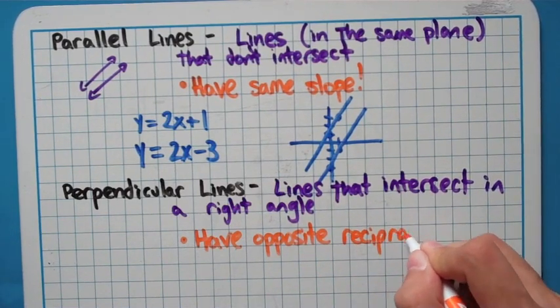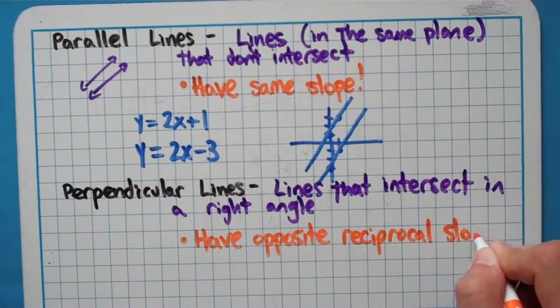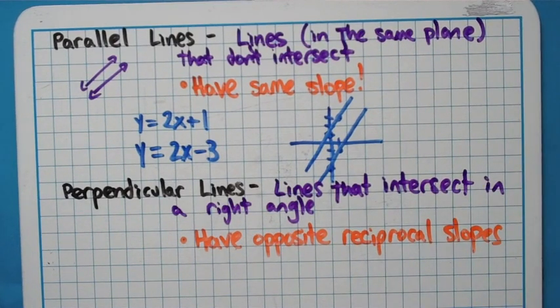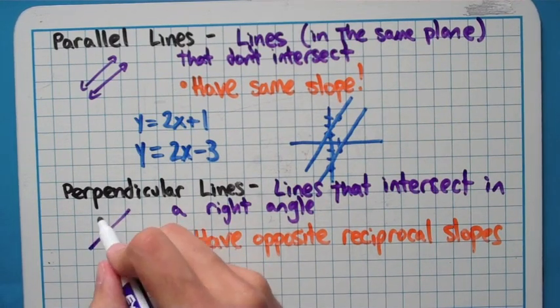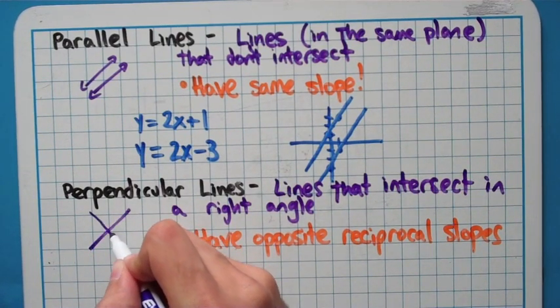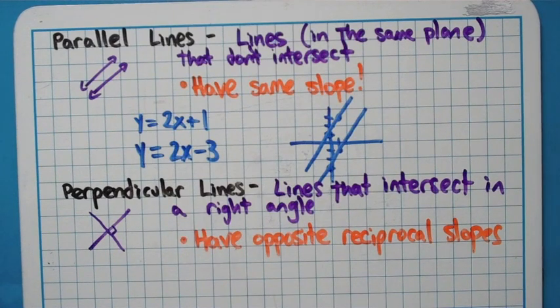So opposite reciprocal slopes. And let me draw an example. I forgot to do that on this one. So you can see what perpendicular lines look like. They're going to make a right angle when they cross. So it would be something like that.